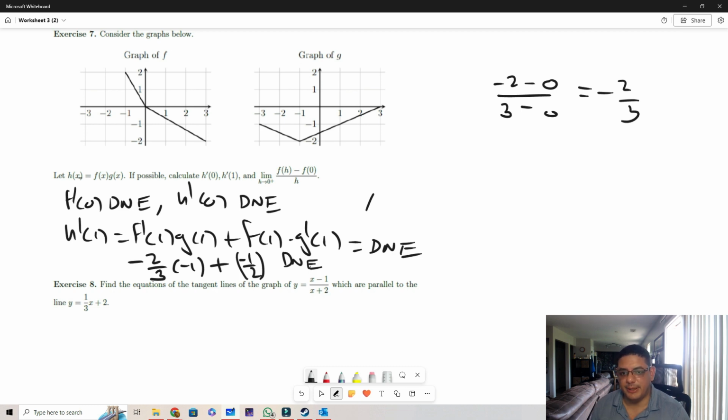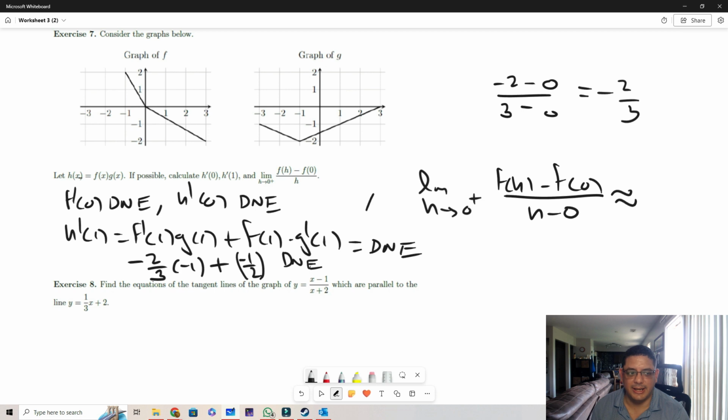Now for the limit, we're really considering the limit as h goes to 0 from the right of f of h minus f of 0 over h minus 0. So this is really like considering f prime at 0, but from the right side. We can see here that the slope of this line is 2.